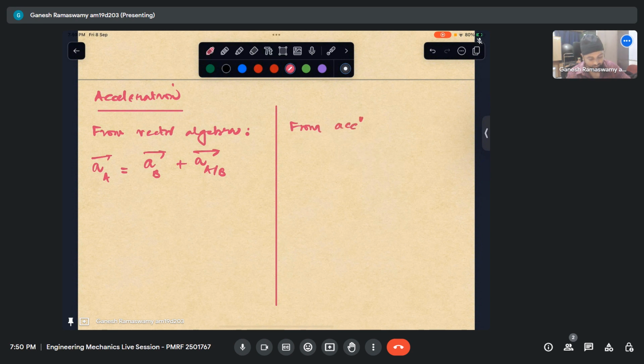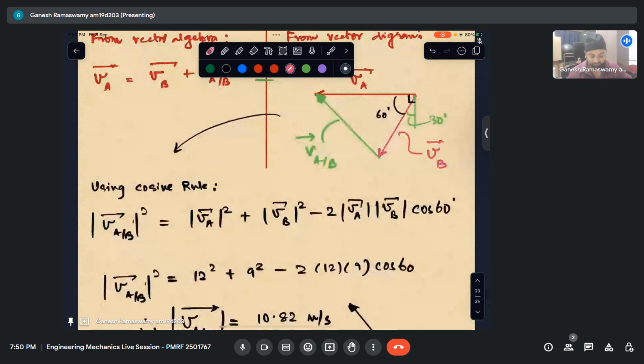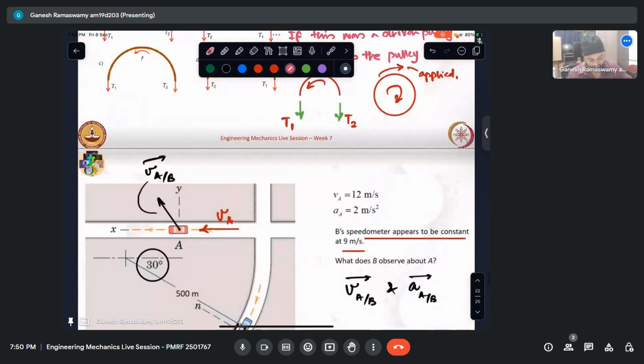From the vector diagram, I know that A is having an acceleration equal to 2 meters per second squared, which is given. It is given that it is speeding up, in that direction.